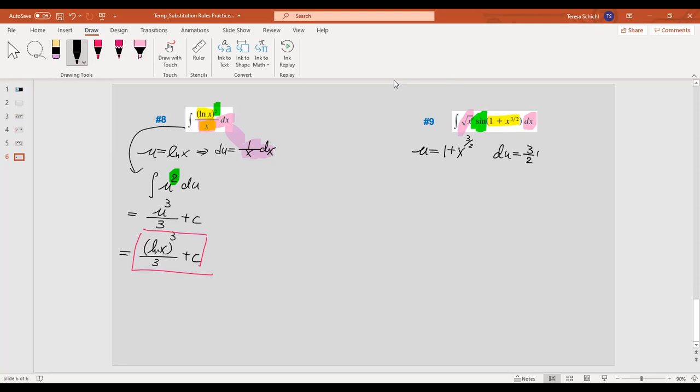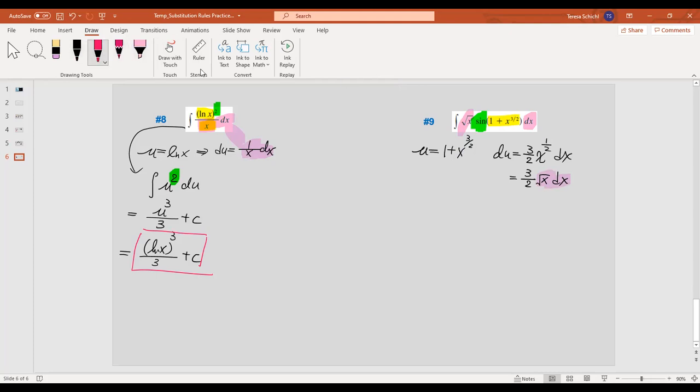So it's 3/2 x to the 3/2 minus 1, which is 1/2, dx. So 3/2 times x to the 1/2, which is the square root of x, dx. Then you say, oh, very good, the square root of x dx is here. So I probably got the correct choice.